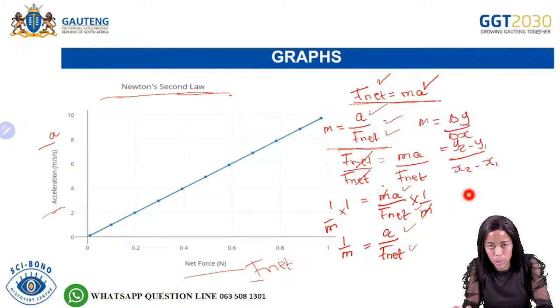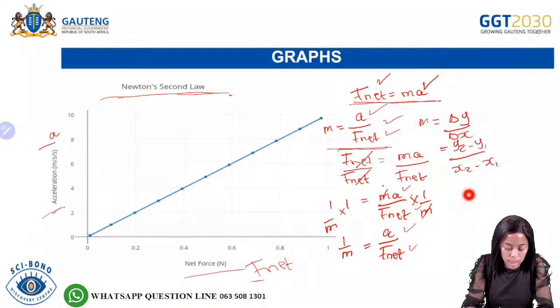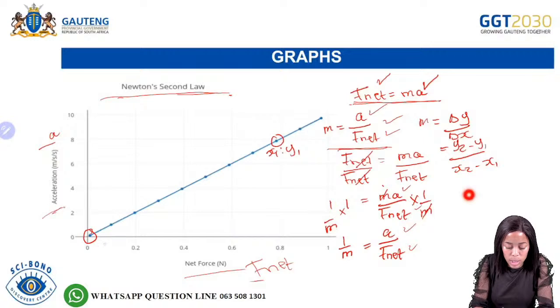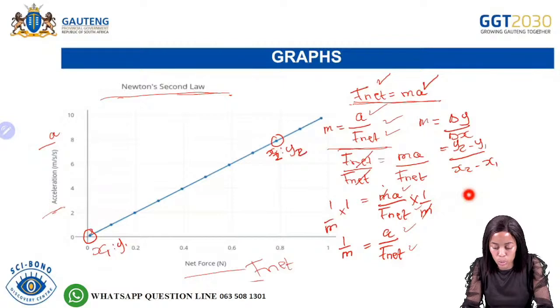You calculate your gradient. Let's just say that we'll use the following points. Let's say that this one represents your x1 and your y1, and this point here at the bottom represents x1, y1, and this one would represent your x2 and your y2. So how are you going to do it?